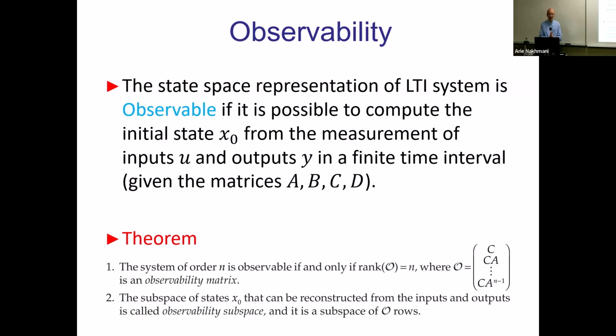This means that you will be able to trace back to x0 the entire trajectory of all of the x's that you have in time. All of them are a function of time, of course. If this is not full rank, all of the states that you can reconstruct are spanned by the rows of that matrix, which means everything that you can compute will be limited to a particular subspace of the entire n-dimensional space.